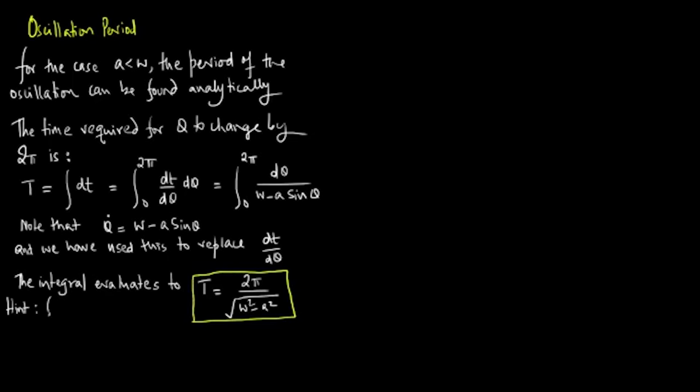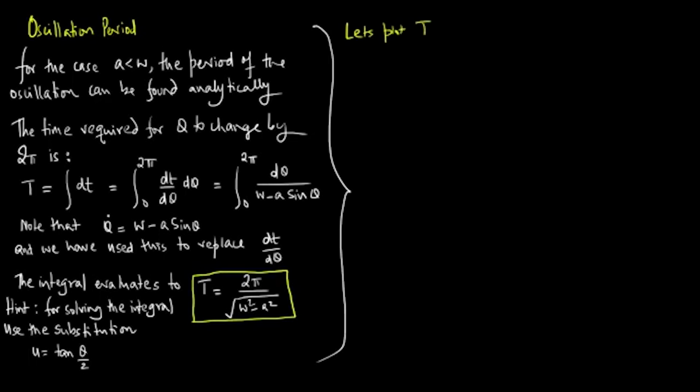Here's a hint. For solving the integral, one would need to use the substitution u is equal to tan theta by 2. Now let's plot capital T as a function of the parameter a.